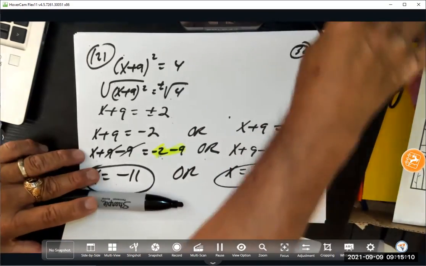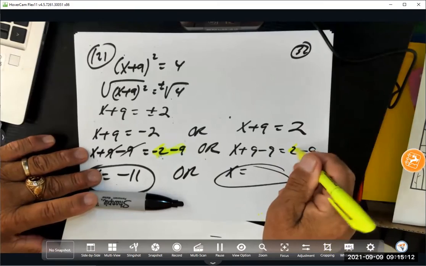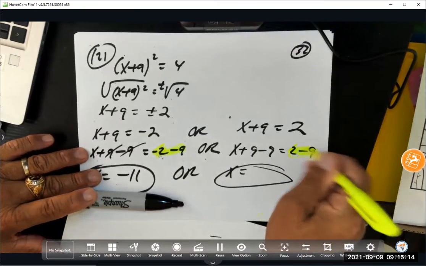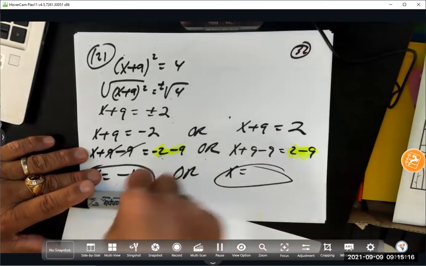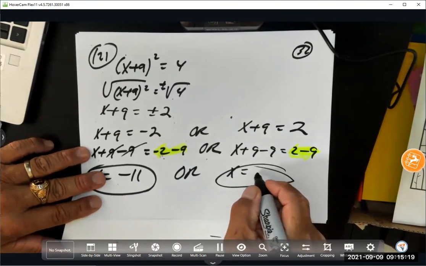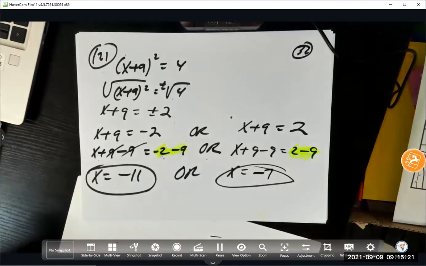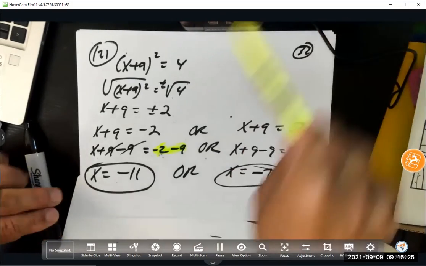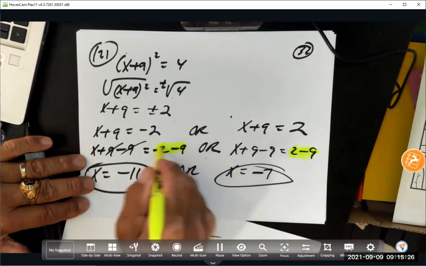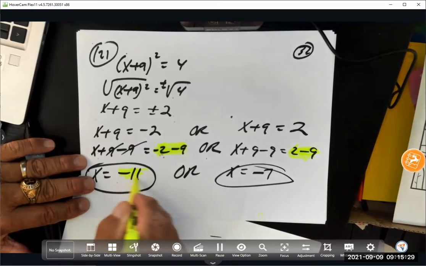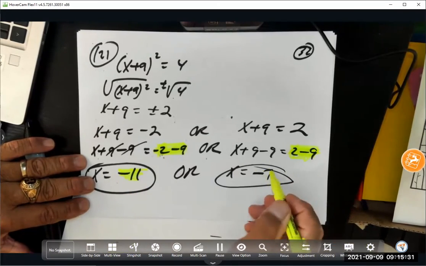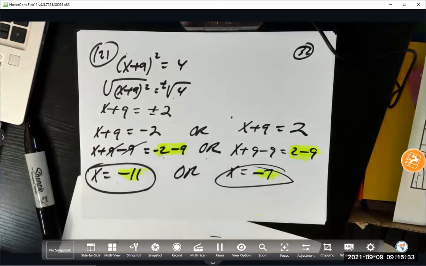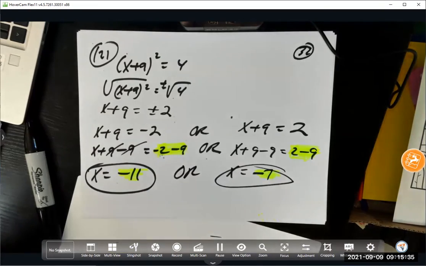Do it in the calculator. Let me highlight it. Wait, don't say anything yet. This number's right here in the yellow. What do you think they're going to become? Negative 7. Yeah, negative 7. Y'all see I get those two numbers right there? Y'all see this yellow right here became this one, and this yellow right here became this one. Is everybody okay with that? Yes or no? You tell me.